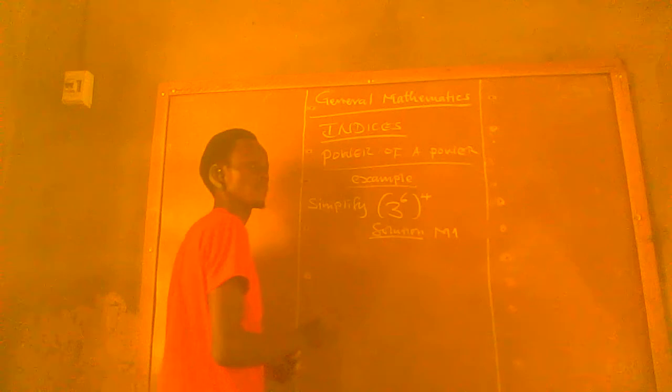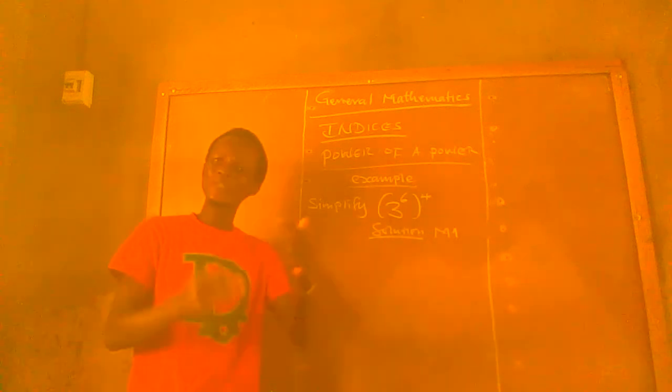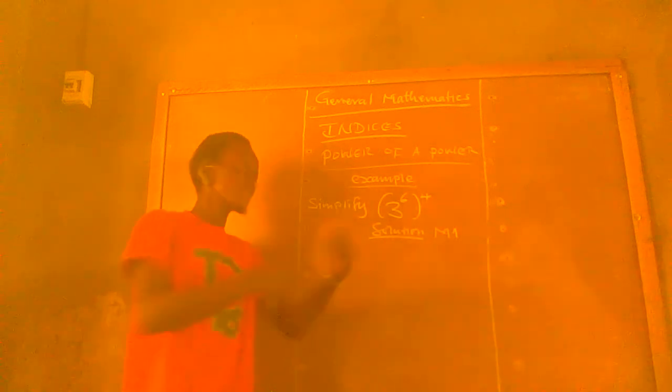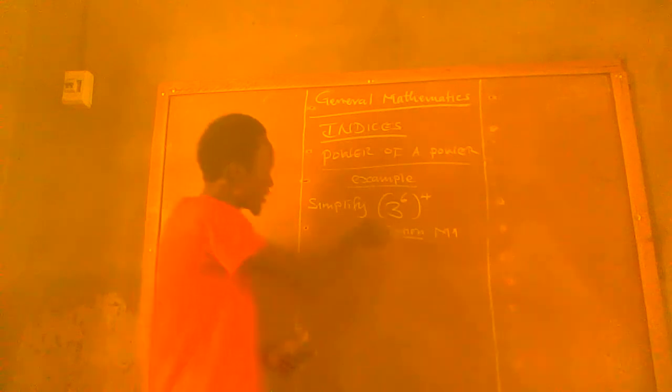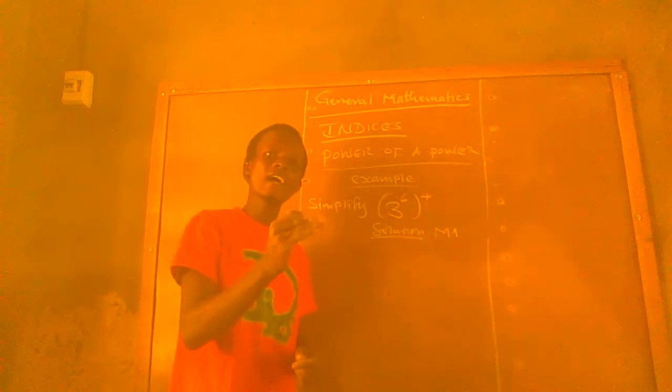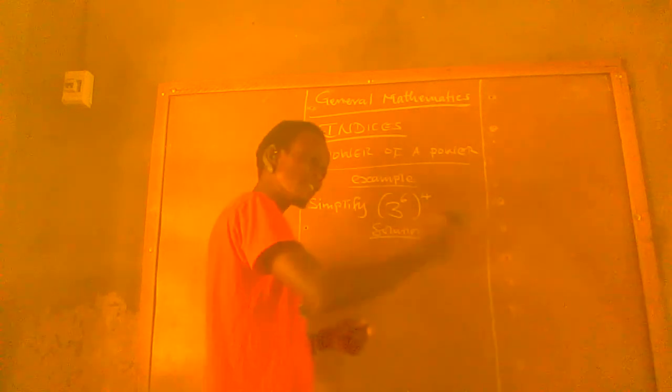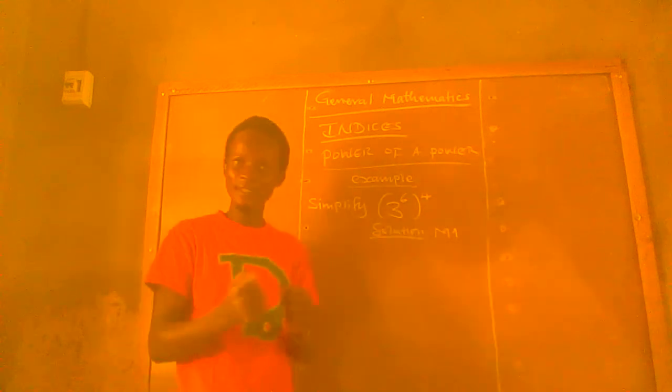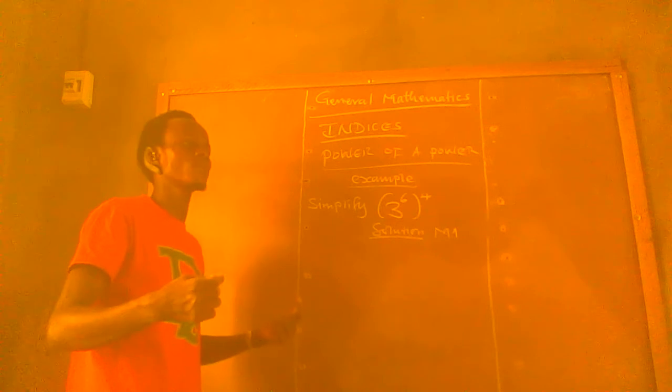I want to see how Salu solves this problem. Then I want to see how Alaji also uses a different method, but all of them are going to arrive at the same answer. That is how I'm going to explain these concepts, right?